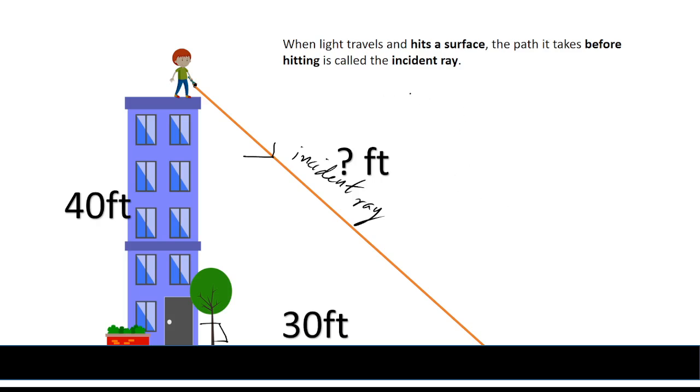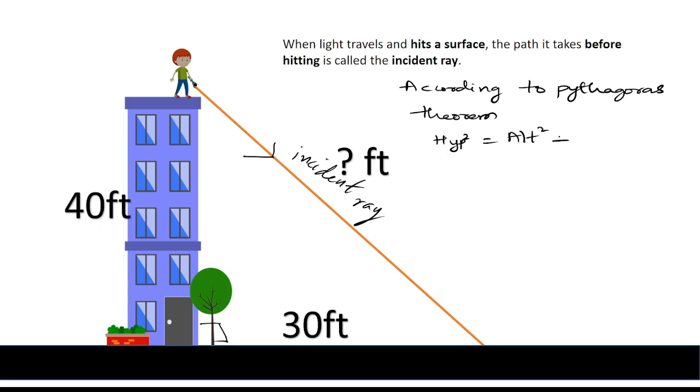So according to Pythagoras theorem, we know that hypotenuse square is equal to the height, we say height as altitude, so altitude square plus base square.